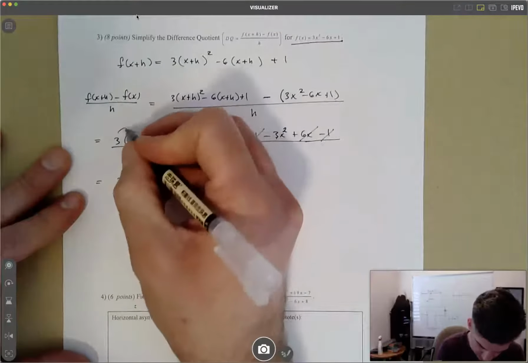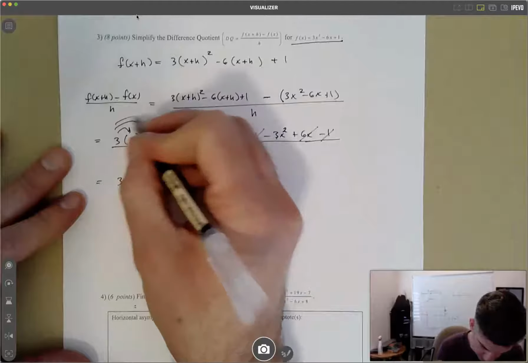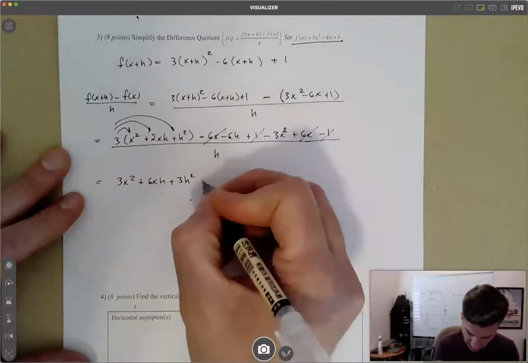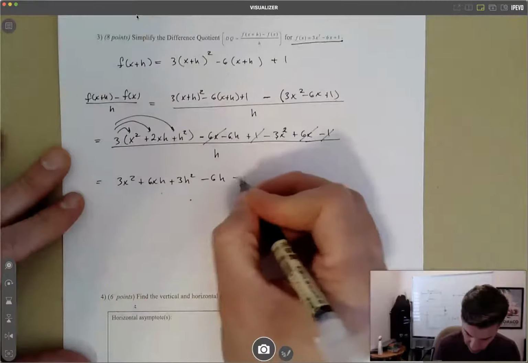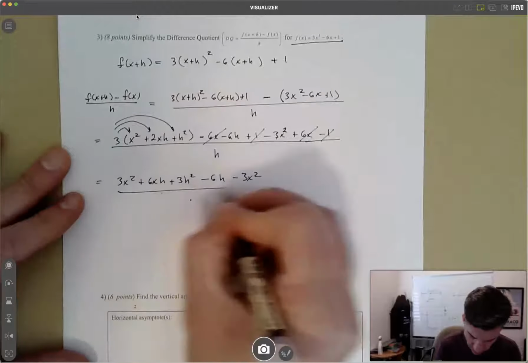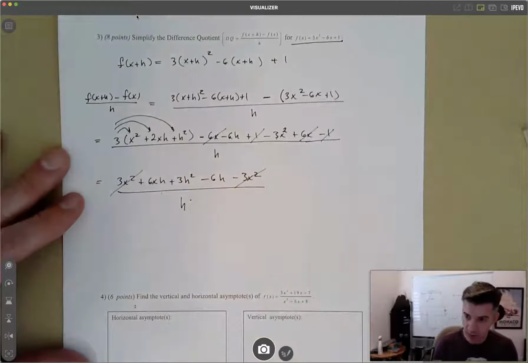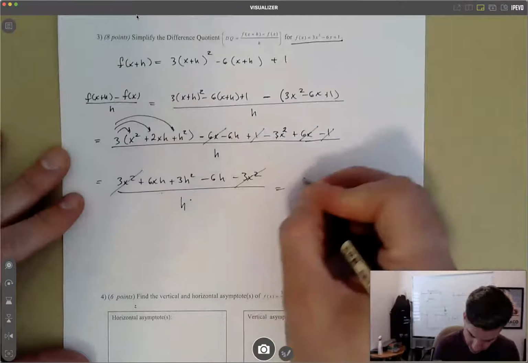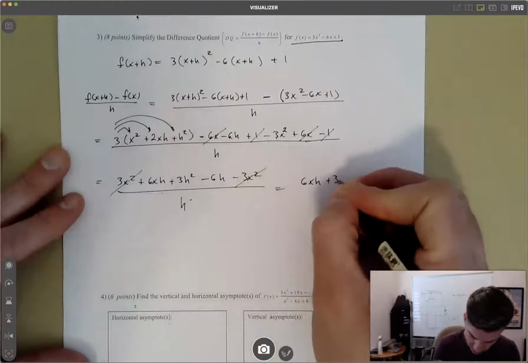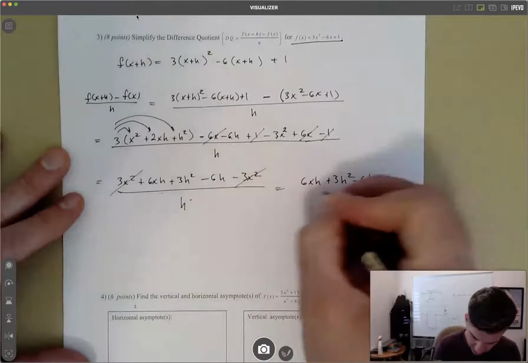I'm distributing that 3 to each of those terms. And then I have a minus 6h still and a minus 3x^2. Now I can cancel the 3x^2 with the minus 3x^2, and I'm left with 6xh + 3h^2 - 6h all over h.